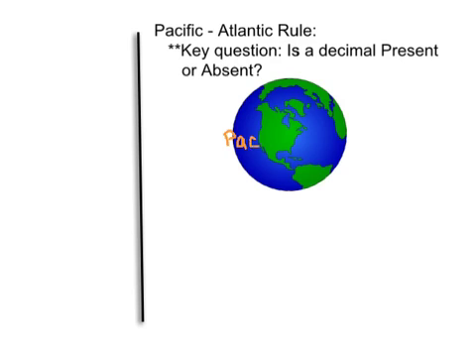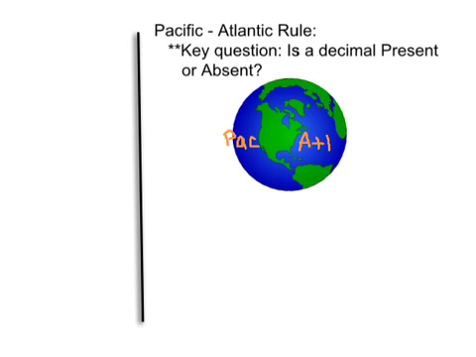So if we take a look at this globe here with the United States right there in the middle, the Pacific Ocean is on the left-hand side, or the west coast, and the Atlantic Ocean is on the right-hand side, or the east coast. And so we're going to keep that visual in mind as we ask ourselves the key question for this rule.